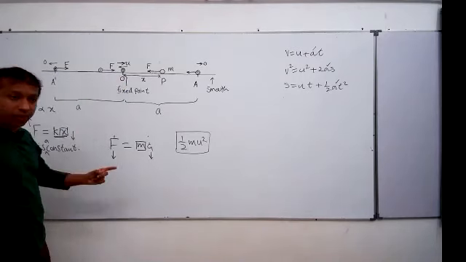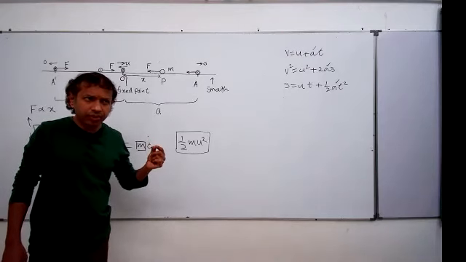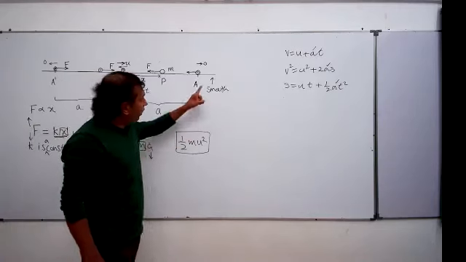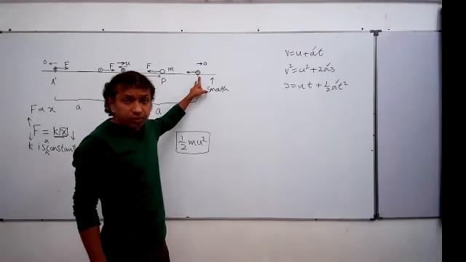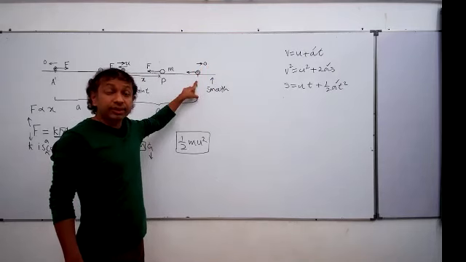Therefore, at the center, the particle has maximum velocity, and the force on it is 0. When the particle is at this corner, the position corresponding to the amplitude, velocity is 0, but the force acting on it is maximum.